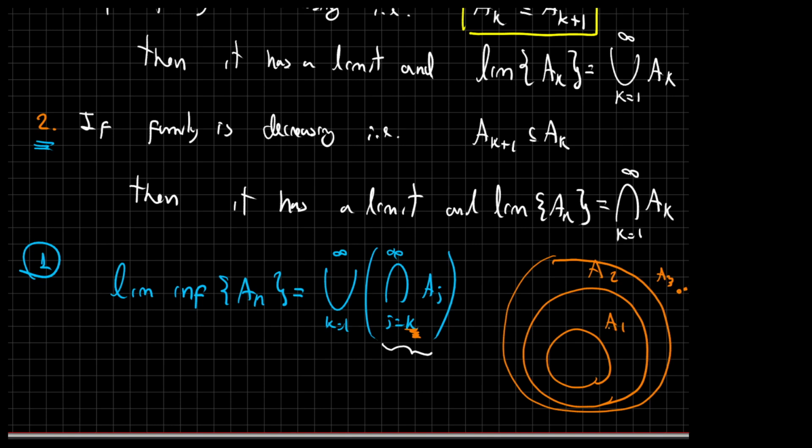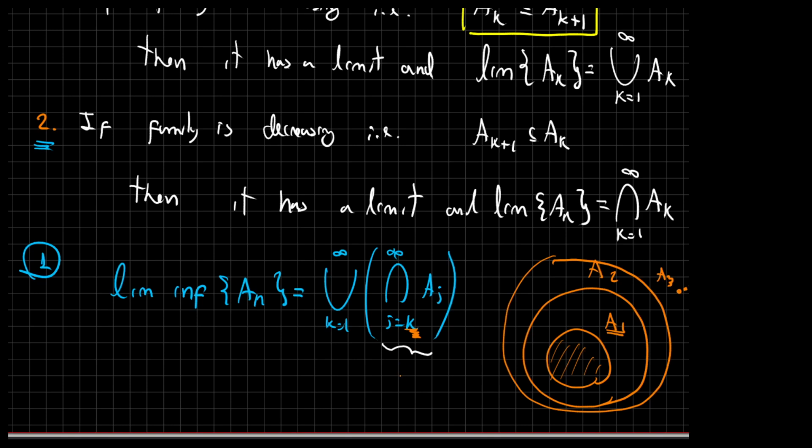For instance, if you start with the first, a sub 1, then this intersection will be, of course, a sub 1, because a sub 1 is in everything. It's in a sub 1, by definition, but also in the second, the third, and in everything.